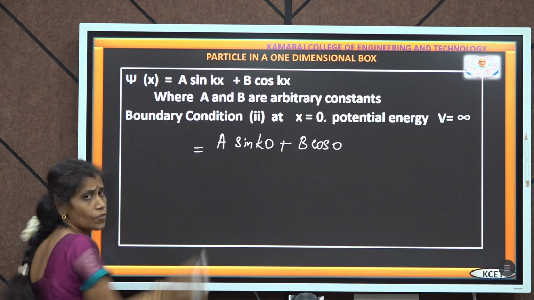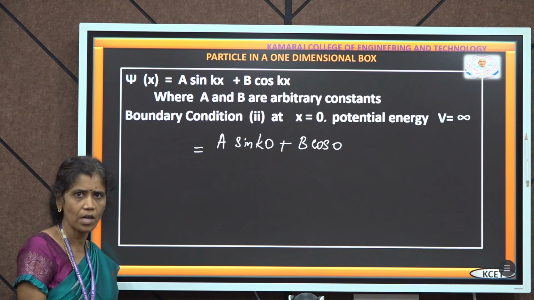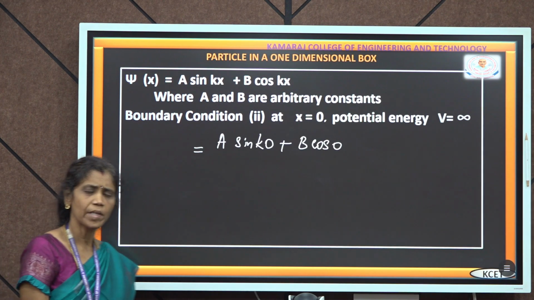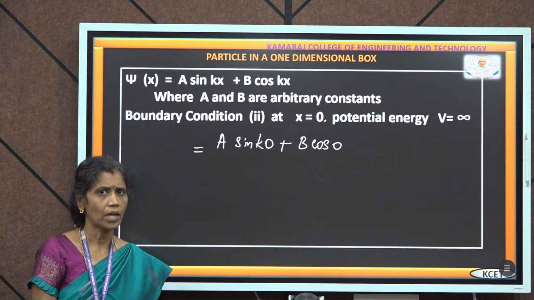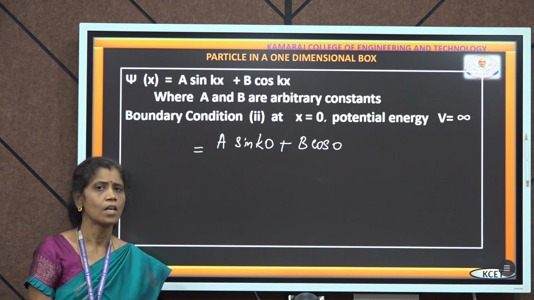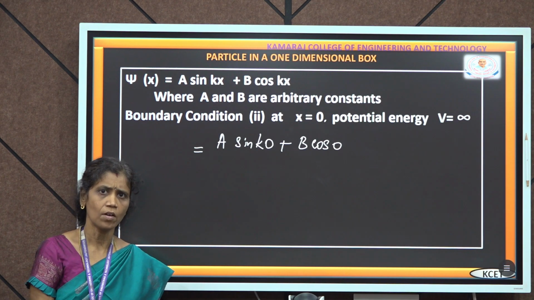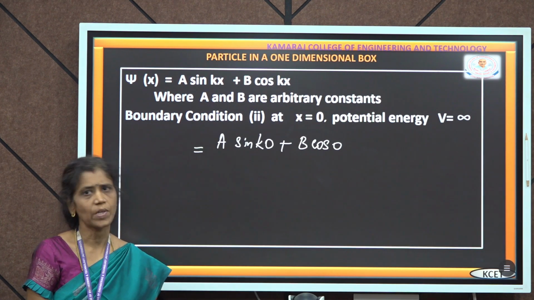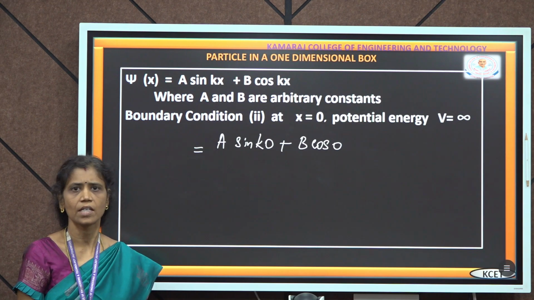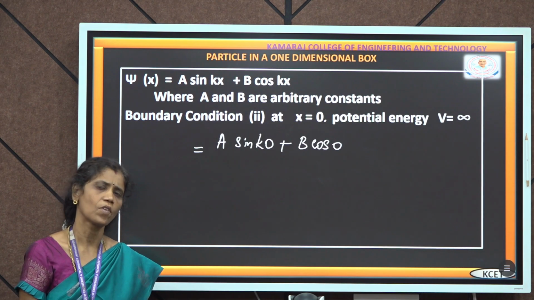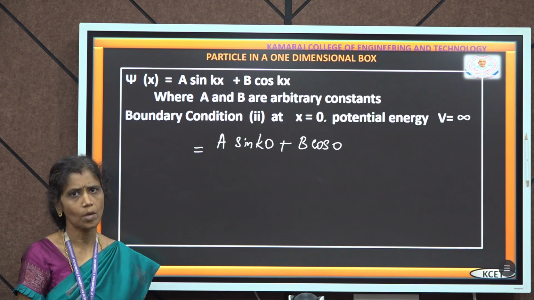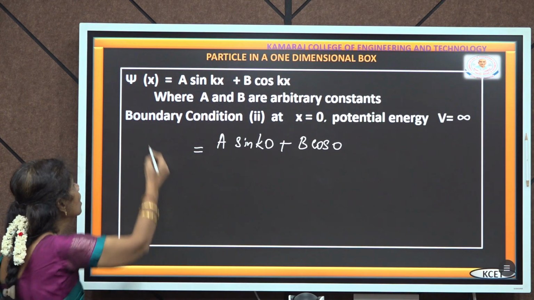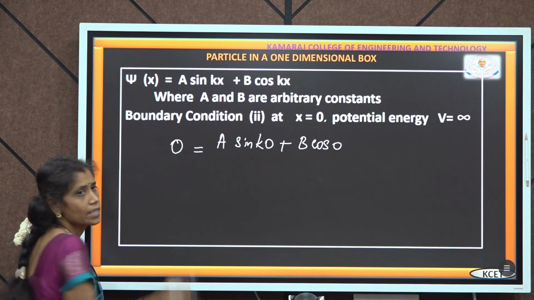At the walls of the one-dimensional potential box, the probability of finding the particle, the electron, is 0. At the walls of the box, the particle is not present. So, the wave function does not exist at the walls of the potential box. Hence, psi of x is equal to 0 in this case.